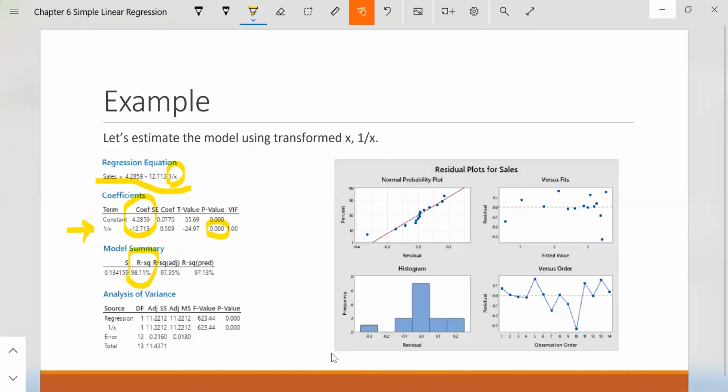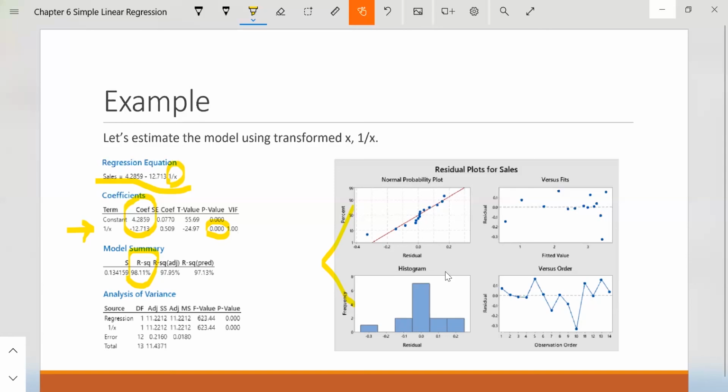All right. And lastly, let's examine the residual plots to see if any assumptions are violated. Let's look at the first two on the left side. Both of them will allow us to determine if the data follows normal distribution.